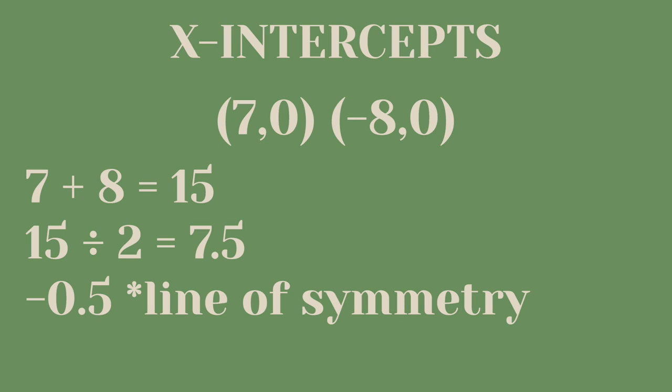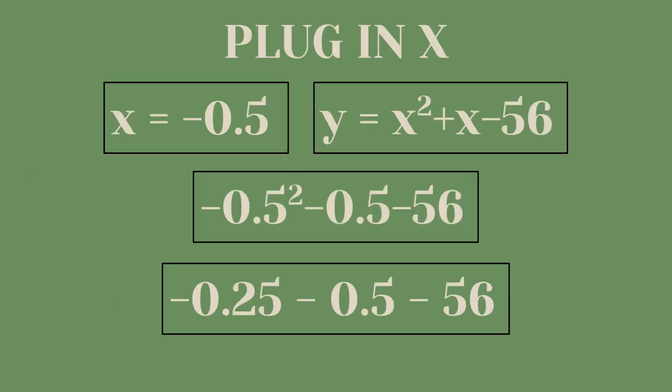So now that we have the x value of our vertex, all that's left to find is our y value. And in order to do that, all we have to do is plug in x. So x equals negative 0.5, we plug that into our original equation, which is x squared plus x minus 56. We could also plug it into the factored form of our equation, so x minus 7 times x plus 8, but I found this easier.